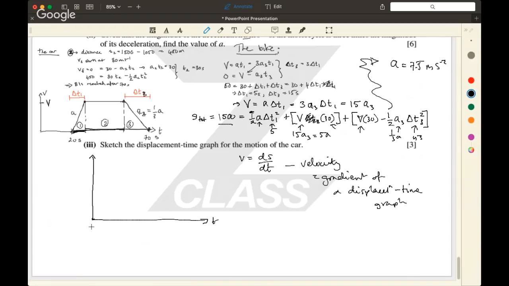So in between t equals 0 and t equals 10 seconds, the velocity was increasing. Then between 10 seconds and 40 seconds, velocity was constant. And now between 40 seconds and 70 seconds, velocity was decreasing.